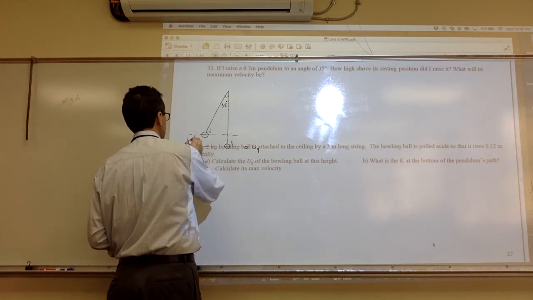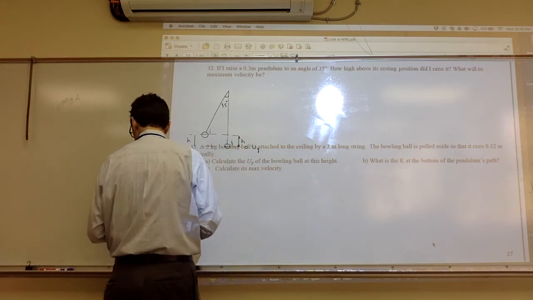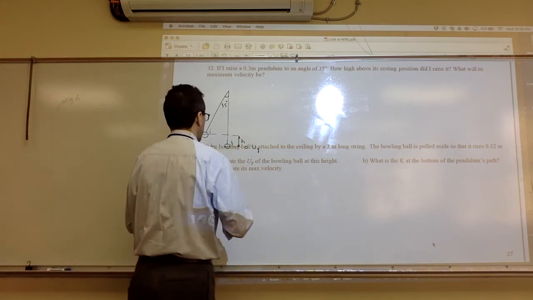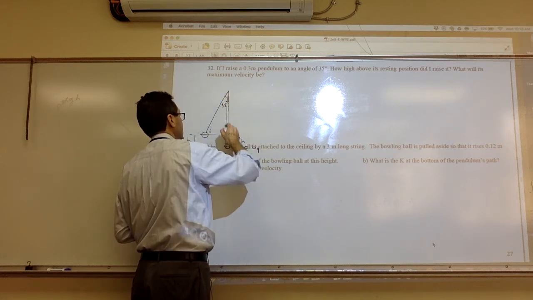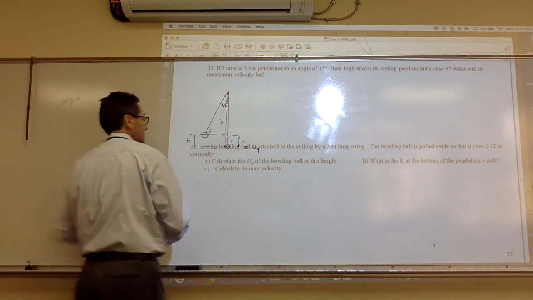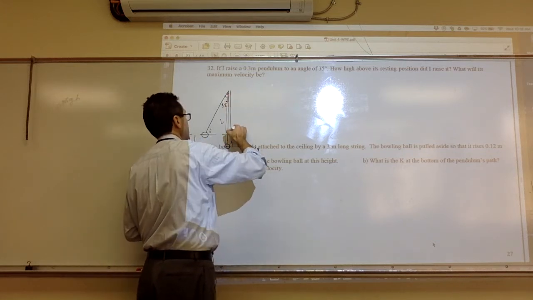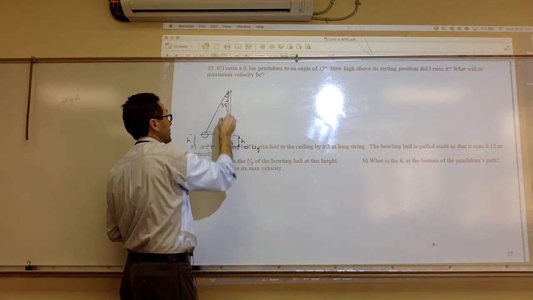So instead of finding the height here, I'm going to find it here. Basically, I'm going to take the length of the string and subtract this piece here, which I can find inside this triangle here.